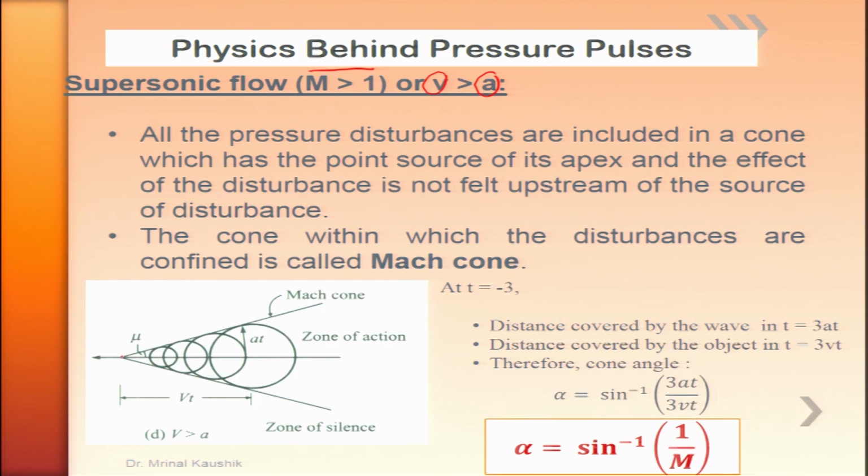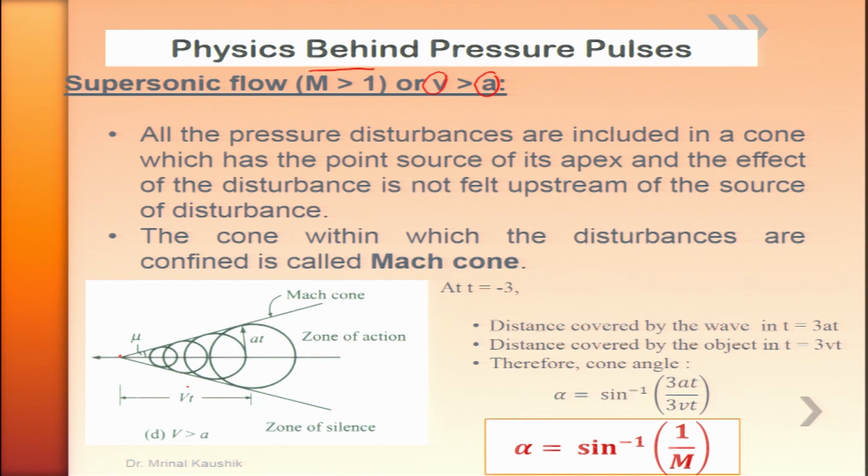this. Suppose at the current location the source is here, whereas at various earlier time instants, let us say minus 1t, minus 2t, minus 3t, it has emitted the spherical wavefront like this.